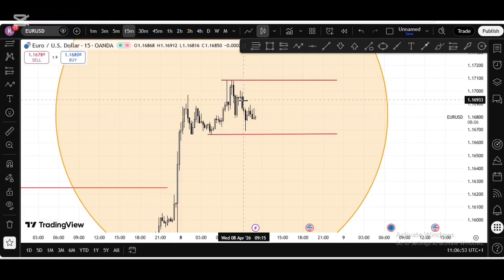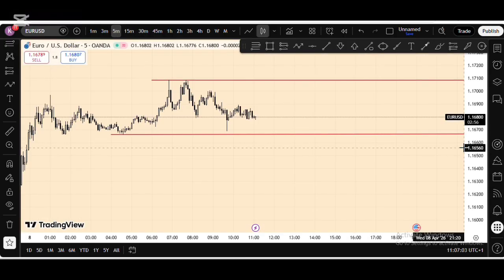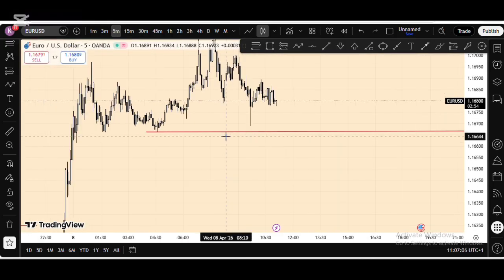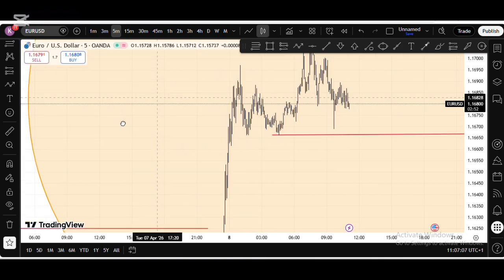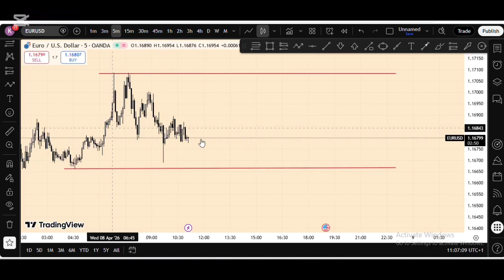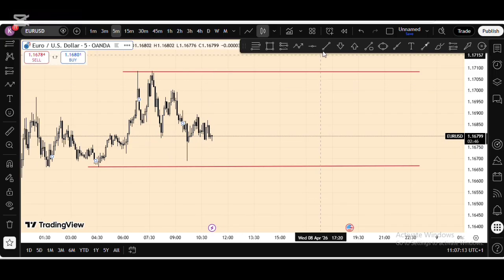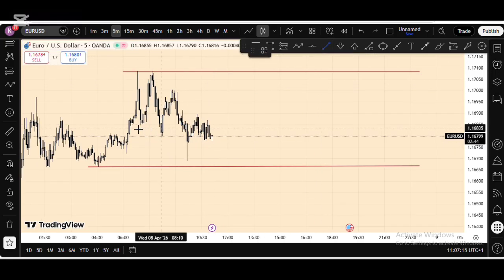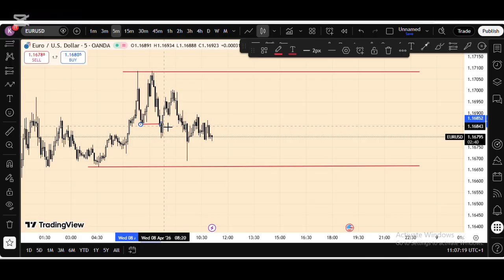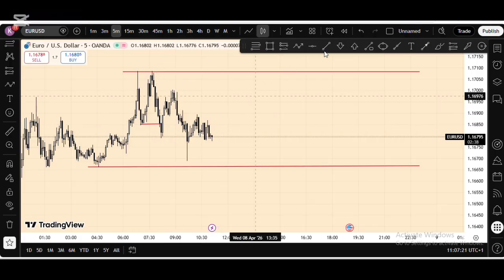So inside this leg now, we are going to check what the market is forming. But let's check it in the 5 minute time frame. Inside the 5 minute time frame, you can see that the market is creating lower lows and lower highs.